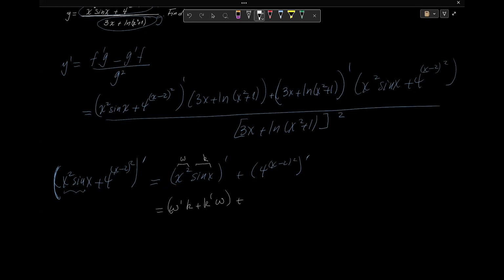Plus, what do I have here? I have 4 to a power. I don't care what the power is. I have 4 to a power, 4 to a function of x. The derivative is the ln of 4 times 4 to that power times the derivative of that power. Okay? That's the chain rule.